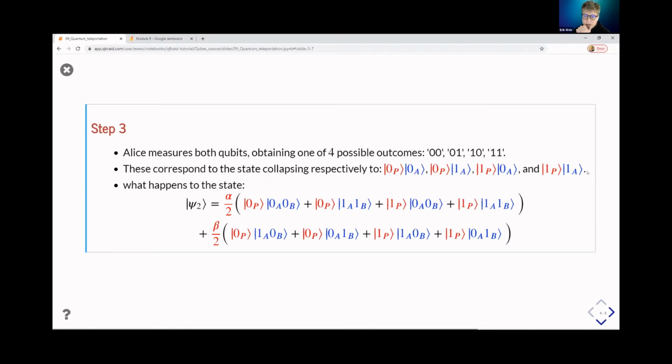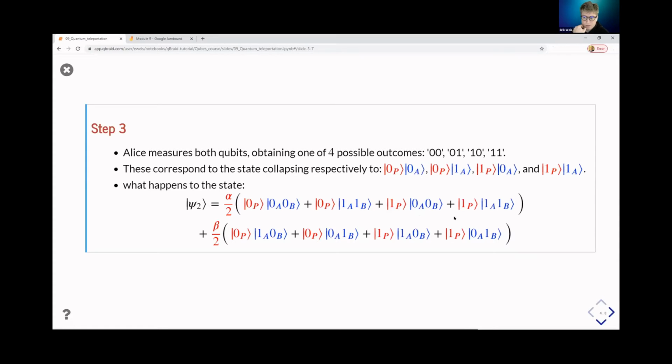If we want to do one more, let's think about what if we were to measure 1 on the password qubit and 0 on Alice's qubit. Which terms would remain?